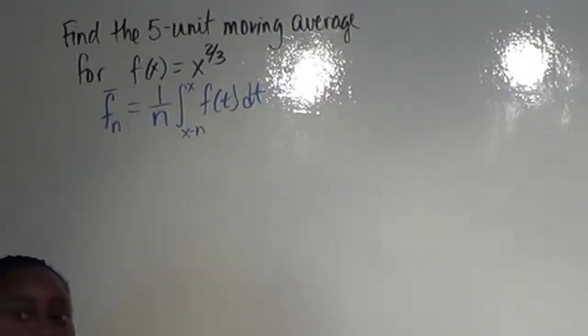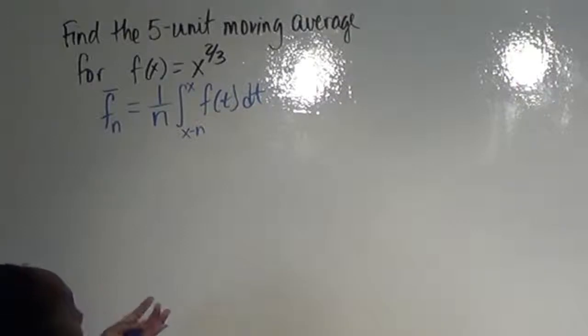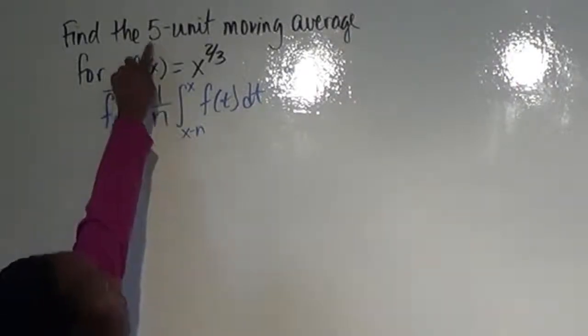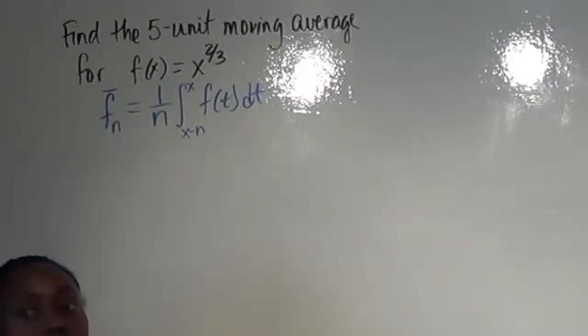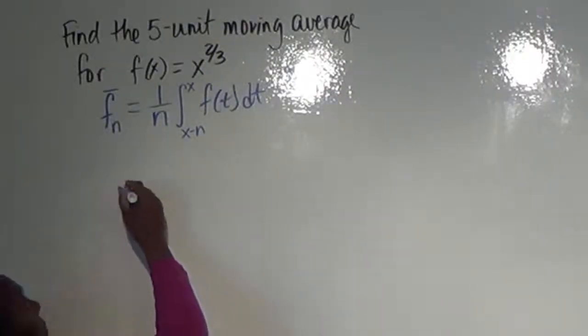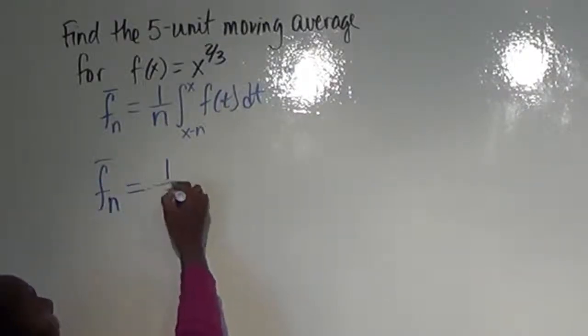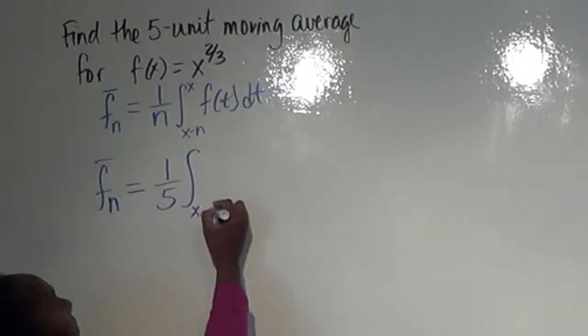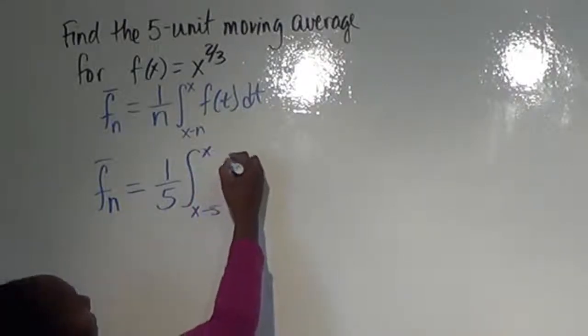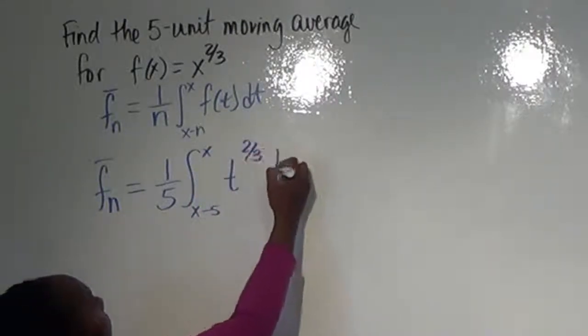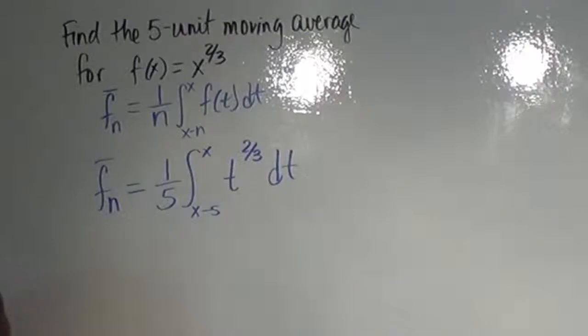Okay, so here what we're going to do is we're going to put in the n that we want, in this case the 5, and we're going to put our function in terms of t, which in this case is our x to the 2/3. So our f bar sub n is going to look like 1/5 the integral from x minus 5 to x of t to the 2/3 dt. Okay.